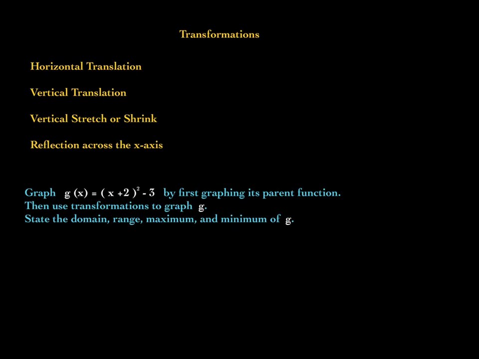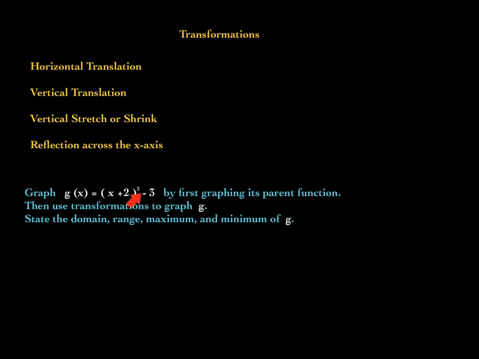Now, first things first, let's figure out what the parent function is. The first four functions I introduced to you in the first part of this lesson are four of your parent functions. So you have the quadratic function, which is a squaring function, your cubic function, absolute value function, and the square root function. Which one of those four is the parent function for g?